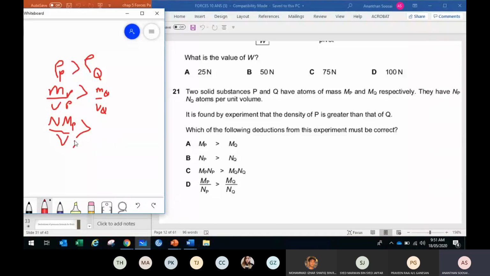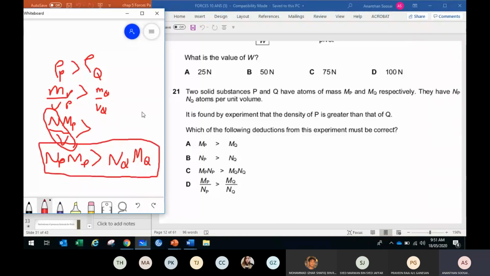But number of atoms divided by unit volume, they say it is NP. So we get NP times MP, which must be greater than NQ times MQ. So this is the answer. Okay, so it should be C.